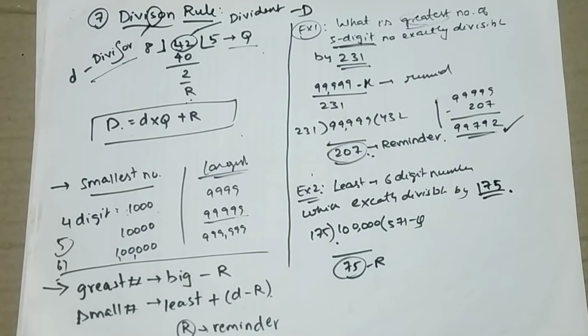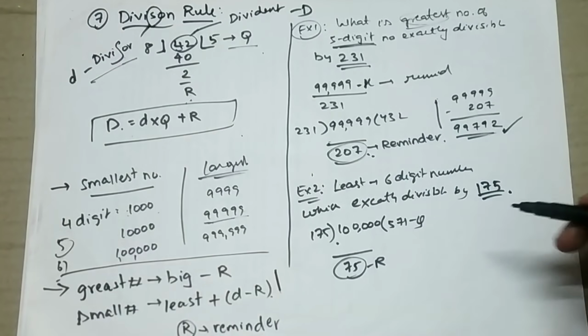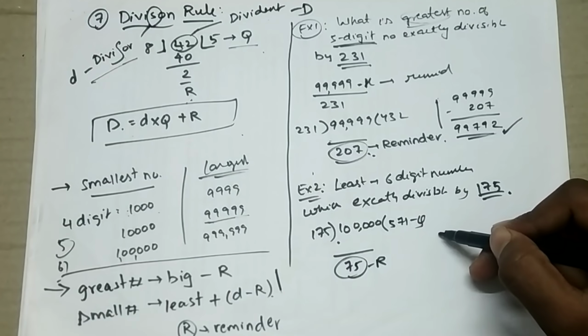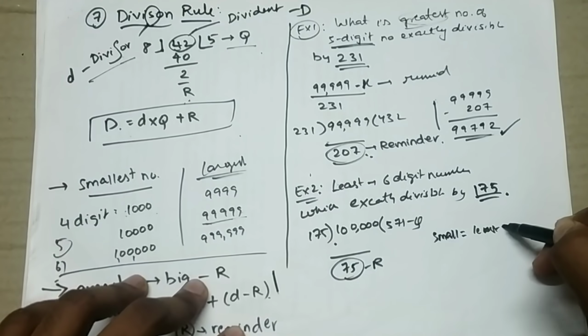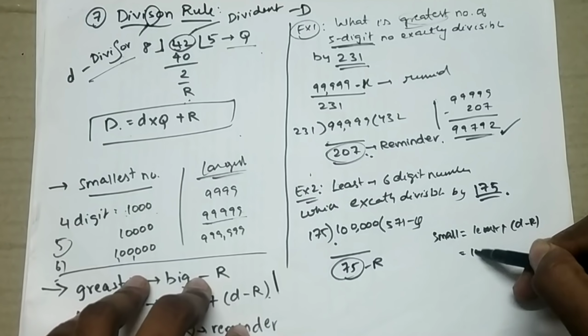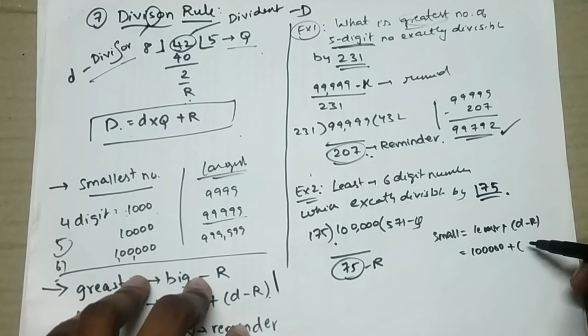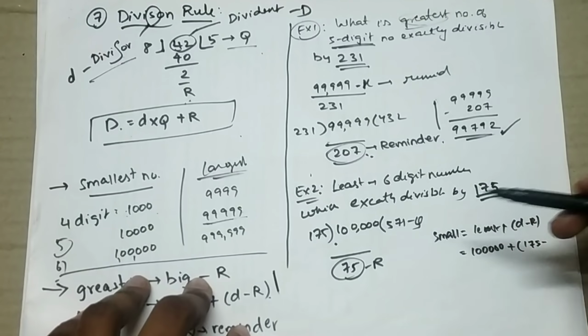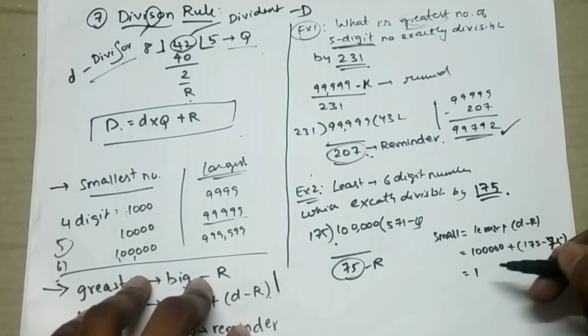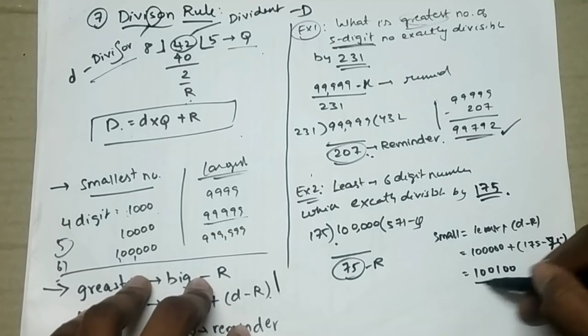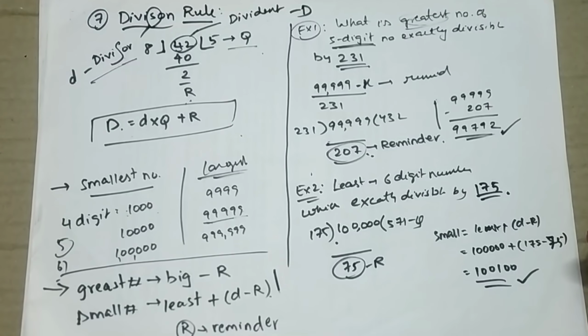As the remainder is 75, the smallest is equal to least plus divisor minus remainder. So it equals 1 lakh plus divisor 175 minus 75, equals 1 lakh 100. So this is how we will do the division rule, and we will have the remaining in the practice session.